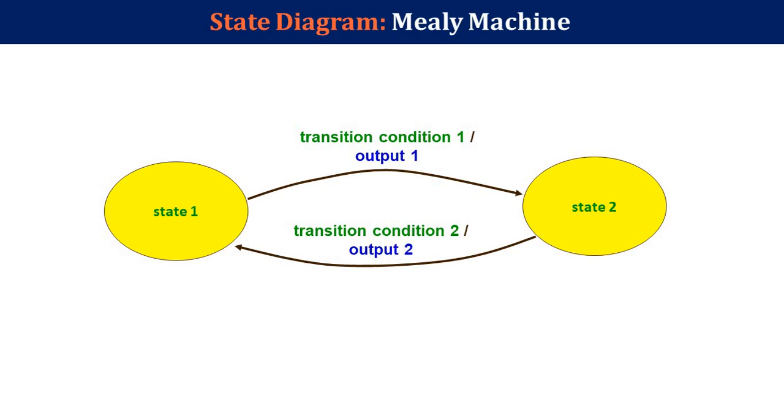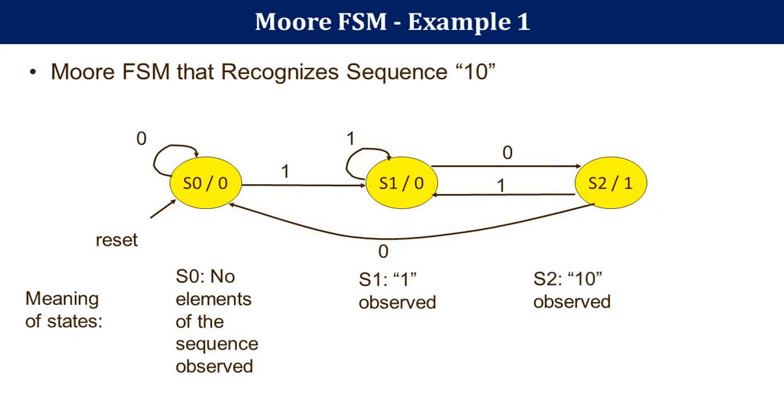Hence inside the circle you provide only state numbers, and on the transition path you provide the transition conditions and the outputs, meaning the output changes only when the transition condition changes. The transition condition is nothing but the input condition. Similarly, on the second transition path you provide the second transition condition, meaning the inputs and the output, which is applicable when the state transits from state 2 to state 1.